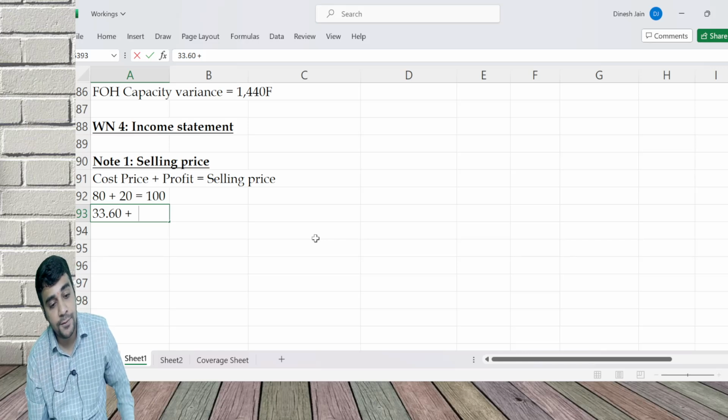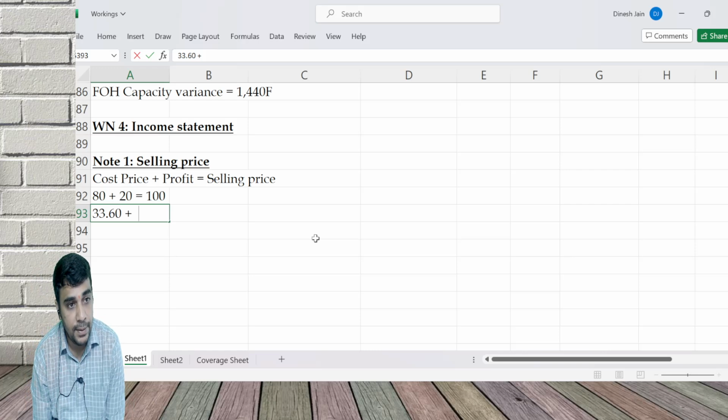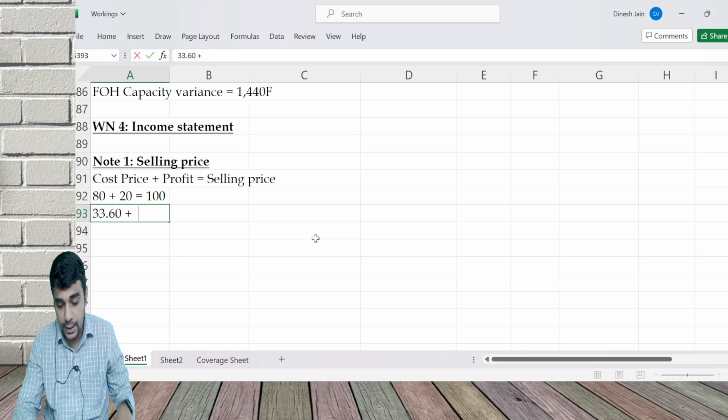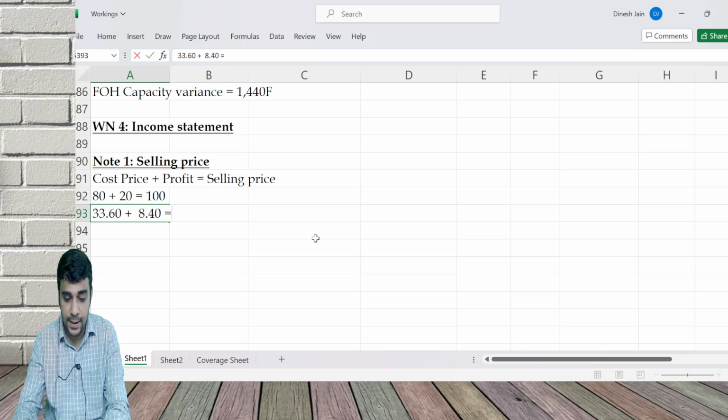In place of 80, I have 33.60. What should come in place of 20? 8.4. So selling price is 42.